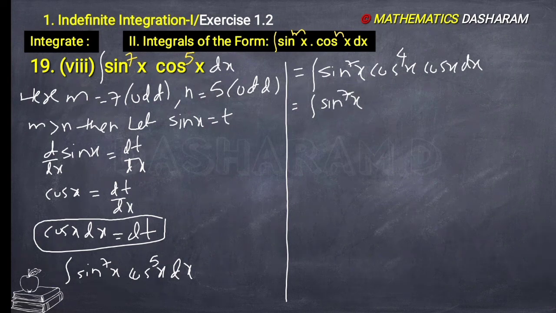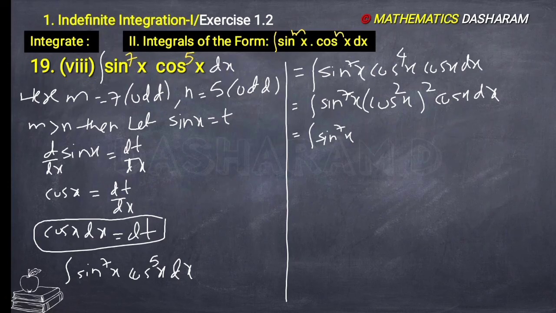Here, cos to the power of 4x can be written as cos square x whole square into cos x dx. Sin to the power of 7x into cos square x equals 1 minus sin square x whole square into cos x dx.